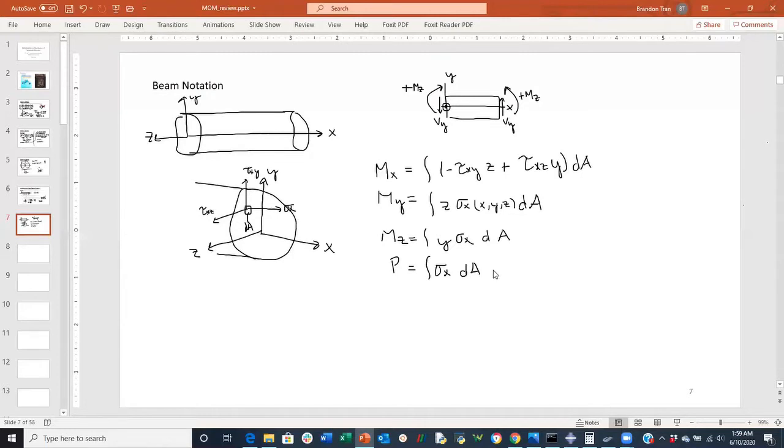And our shear loads are kind of self-explanatory too. Shear load in the y direction, V_y, tau xy dA, and then V_z, shear in the z direction, tau xz dA.